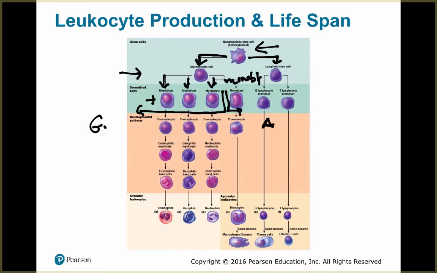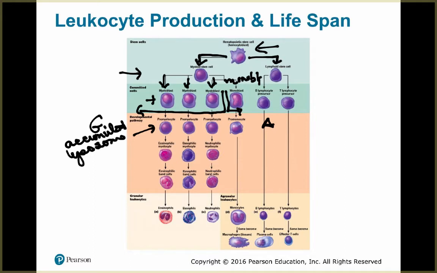So the myeloblast will continue to change and differentiate here into what are known as the promyelocytes. And so in these, you're going to get an accumulation of lysosomes.